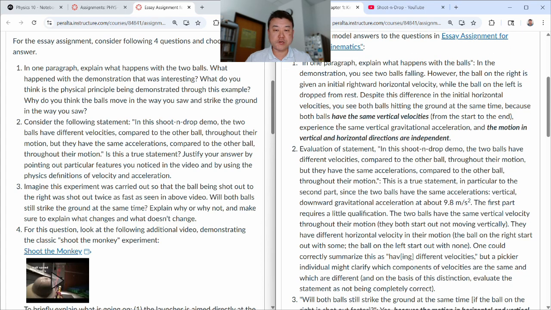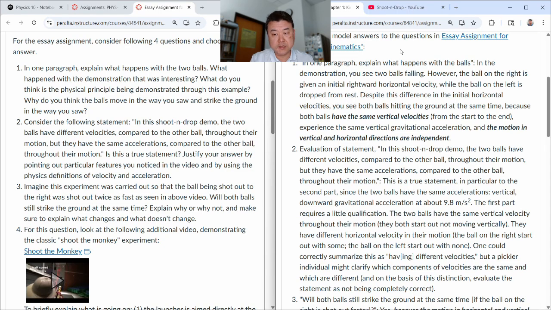The summary of the question is, in one paragraph, explain what happens with the balls. And my model answer is, in the demonstration, you see 2 balls falling. However, the ball on the right is given an initial rightward horizontal velocity, while the ball on the left is dropped from rest.